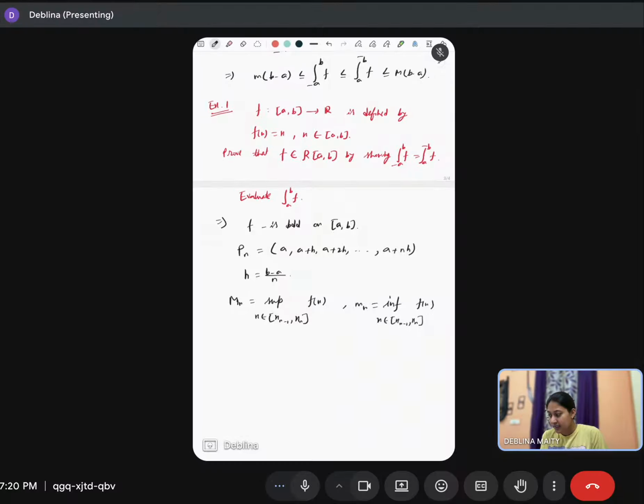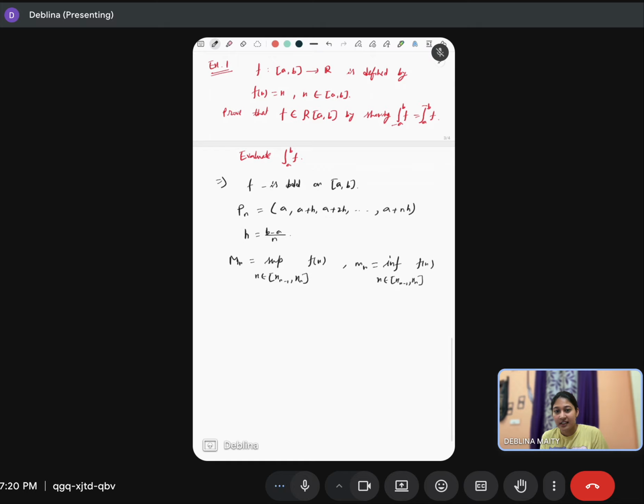Now this f is an increasing function, right? f(x) is x, so f is monotonically increasing in this interval.